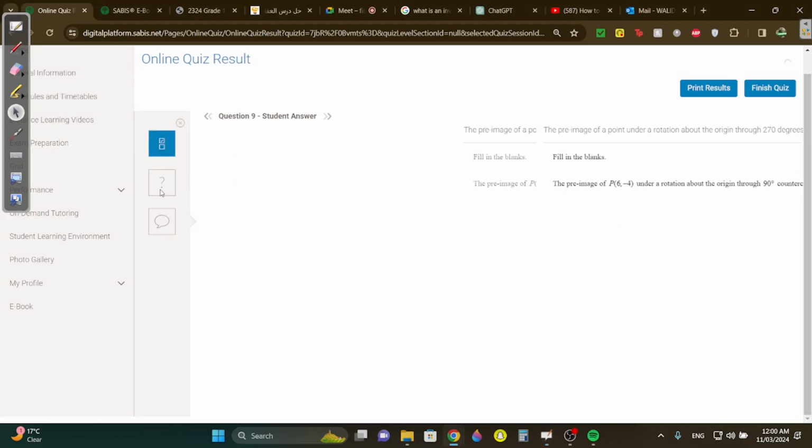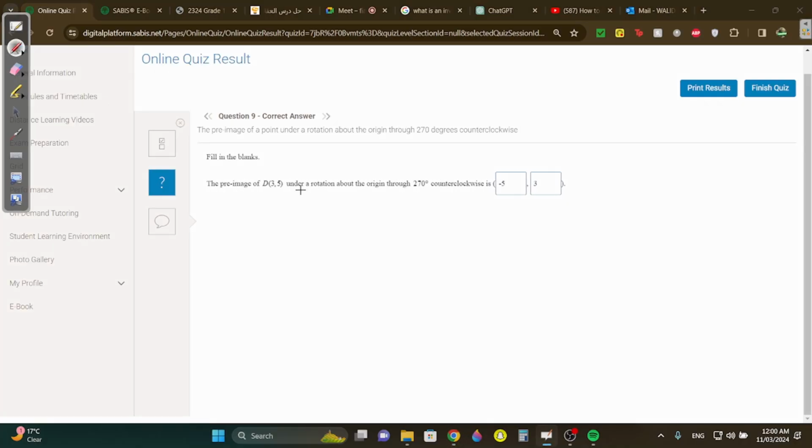Question 9. Again, pre-image of 3 comma 5 under a rotation of 270 counterclockwise, so 90 degrees clockwise. They want the pre-image, so this is the final image. What's 90 degrees clockwise?